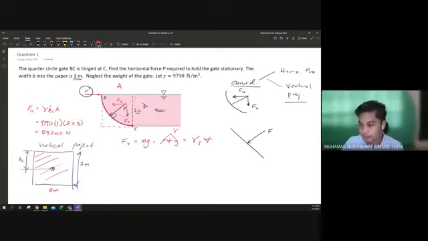So from here, the gamma of fluid, which is 9790, multiplied with the volume of this. So what's the volume of this? Let me draw you the volume. So anyone, how to get this volume?